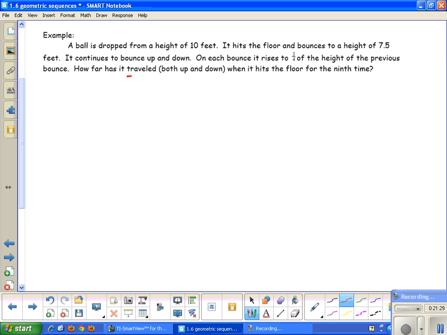So now this is the key. We're trying to figure out how far it has traveled. So we're not figuring out how high the bounce is going up. So we have to figure out when it goes up and down what that distance is. We also know that it starts from a height of 10 feet. And we know that our ratio is 3/4 because that's how far we're rising up.